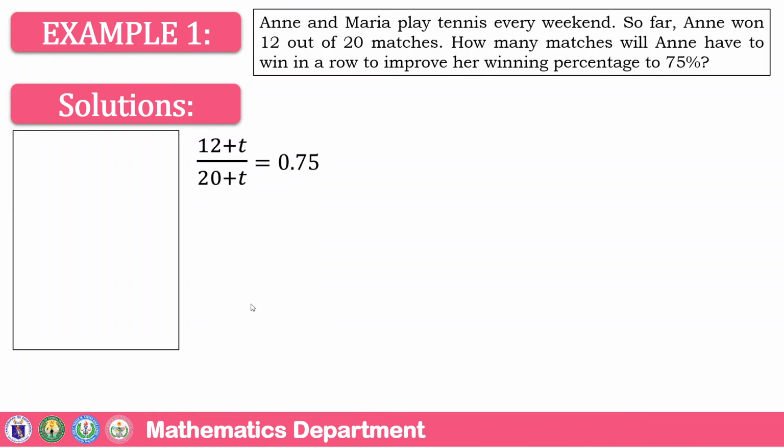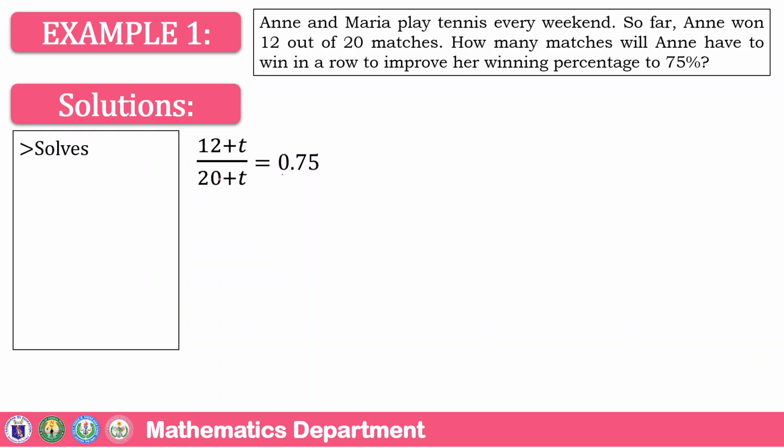Okay, so from the rational equation na form natin, solve natin yung magiging value ni t. So, in this equation, meron tayong dalawang term rather, na nasa pagitan ng magkabilang side ng equal.